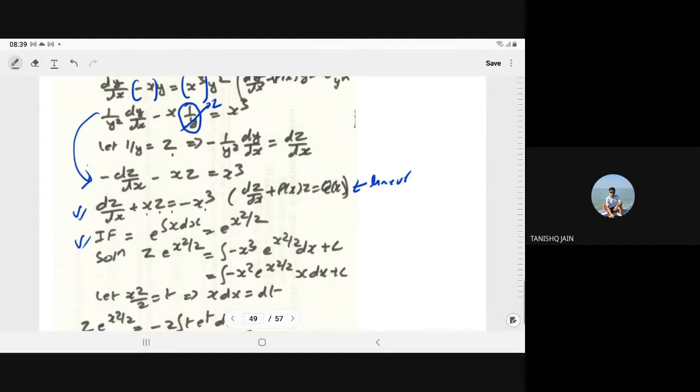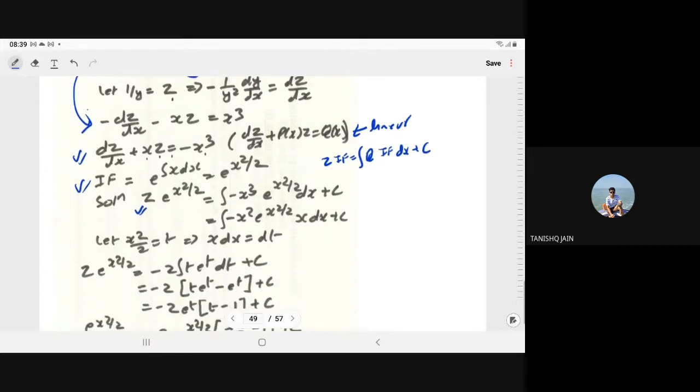Now the solution is z times the integrating factor is equal to integral of Q times the integrating factor with respect to x plus c. So here we have written z e to the power x square by 2 is equal to integral of minus x cube e to the power x square by 2 dx plus c.